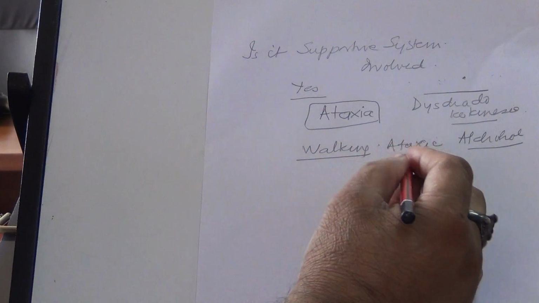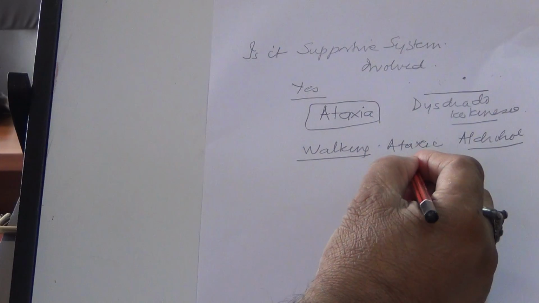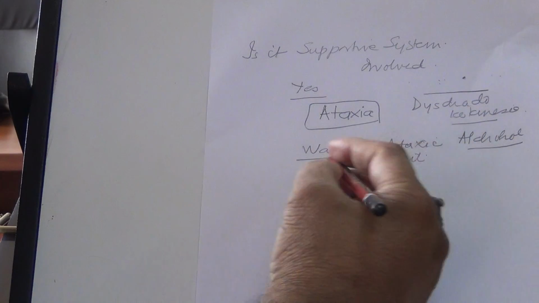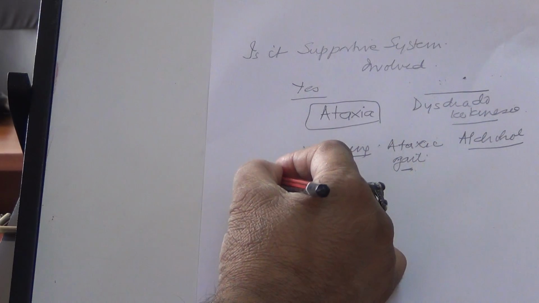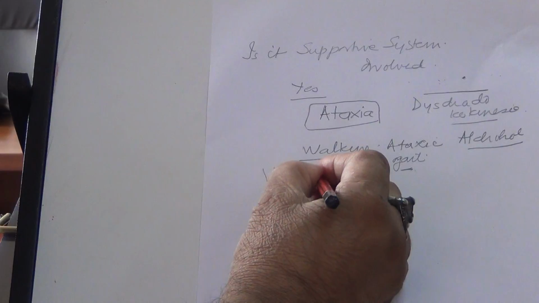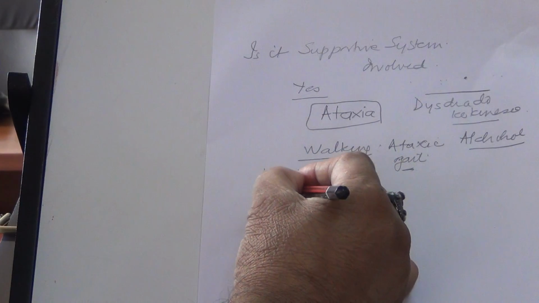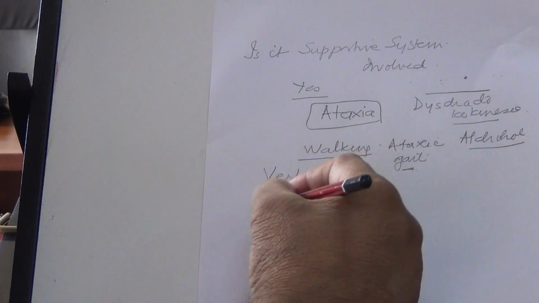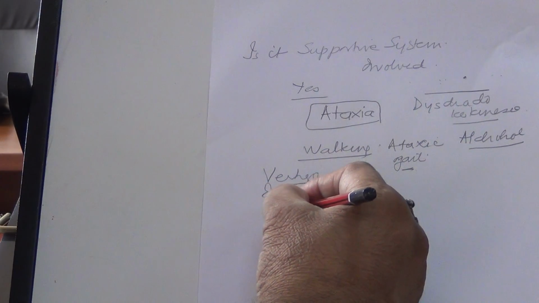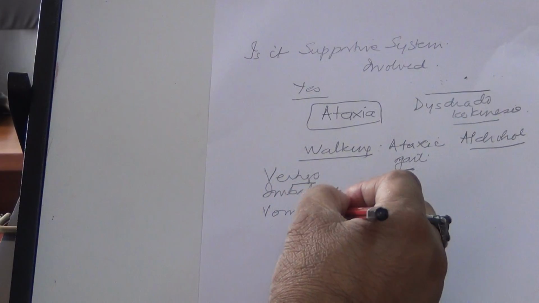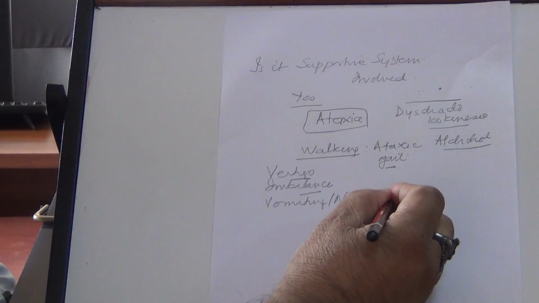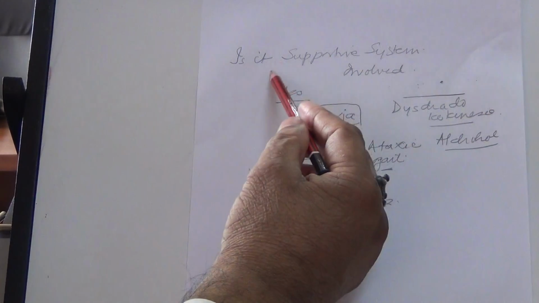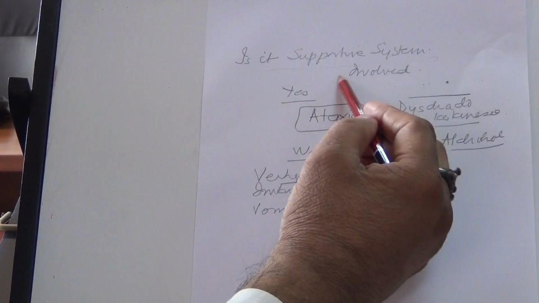That is what is called ataxic gait. The fourth thing is that the person may complain of vertigo, imbalance, and sometimes it may be so severe that they may have vomiting or nausea. So whenever these are the symptoms, you say that probably the supportive system is involved.